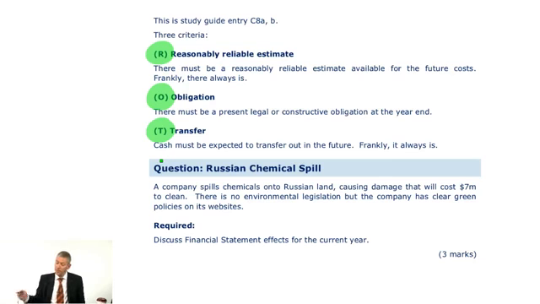Obligation can either be a legal or a constructive obligation. A constructive obligation, I haven't done that very well actually, can I just highlight that again? A legal obligation is an obligation you have because of the law. A constructive obligation is an obligation that you have because of what you said you're going to do.